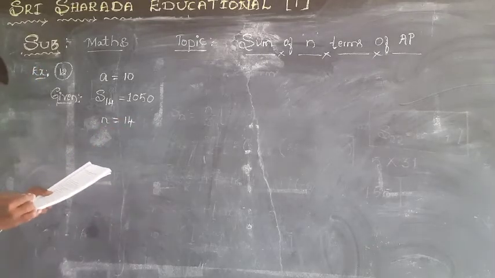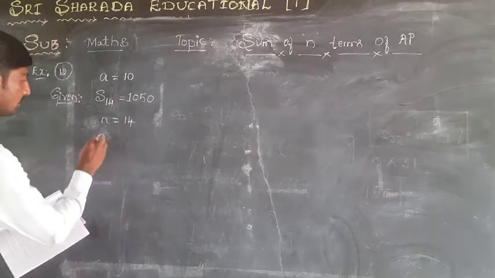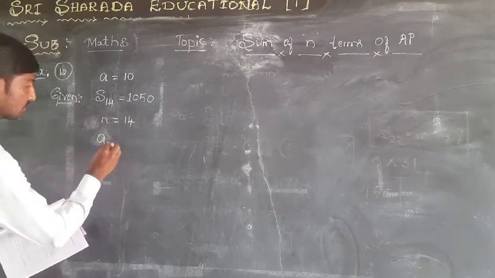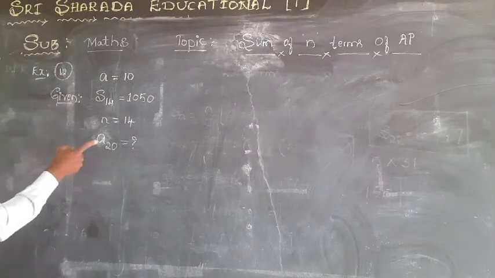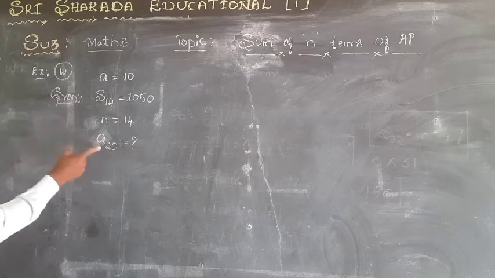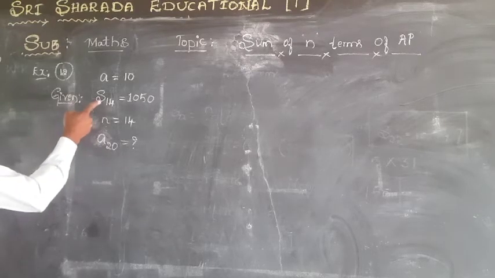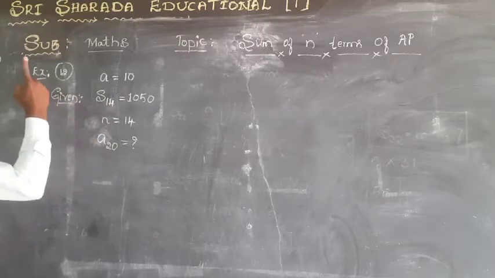Next, what do you need to find? Find its 20th term, meaning A20 is equal to question mark. He did not at all ask you to find the sum of 20 terms. He asked for the 20th term. We have to observe very carefully here. He gave the sum of 14 terms. You need to find the 20th term of that AP.